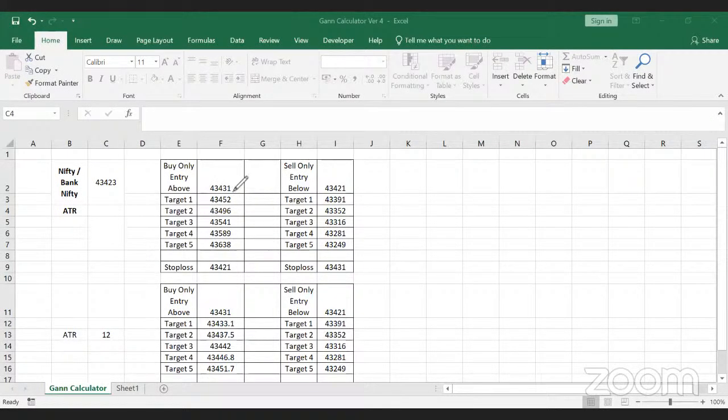So this itself has not come. From there, if you look at this, it has continuously come down and it gave you phenomenal targets yesterday.